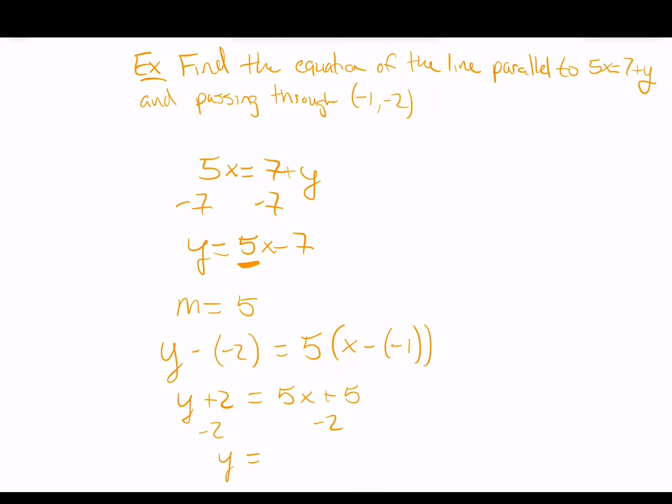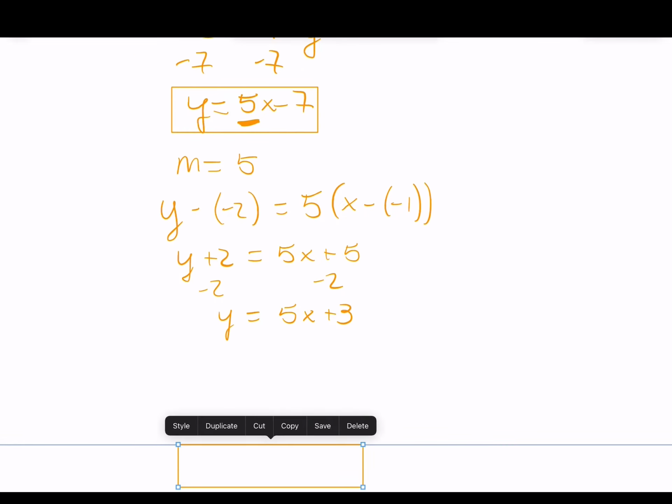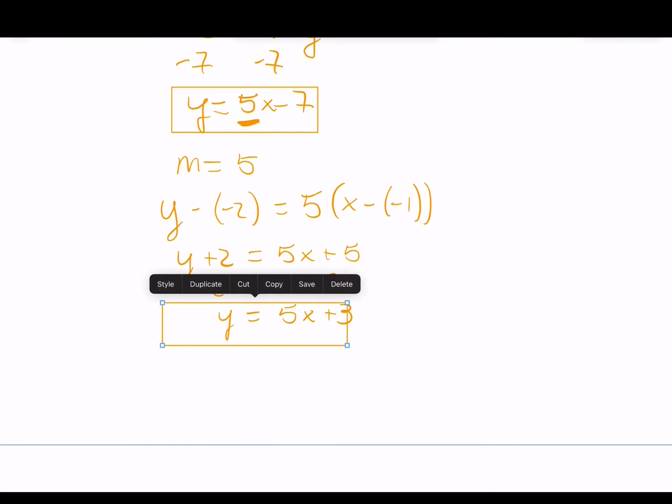We get y is equal to 5x, 5 minus 2 is plus 3. So the only difference between our original equation, which is y equals 5x minus 7 after we rearranged, and y equals 5x plus 3 is the y-intercept: 3 versus -7.